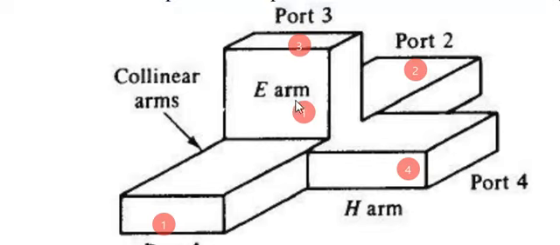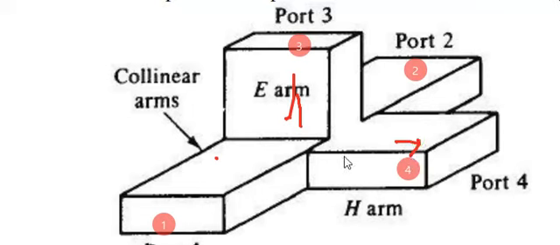This is the E arm. The wave is 0 at port 3 and added at port 4.